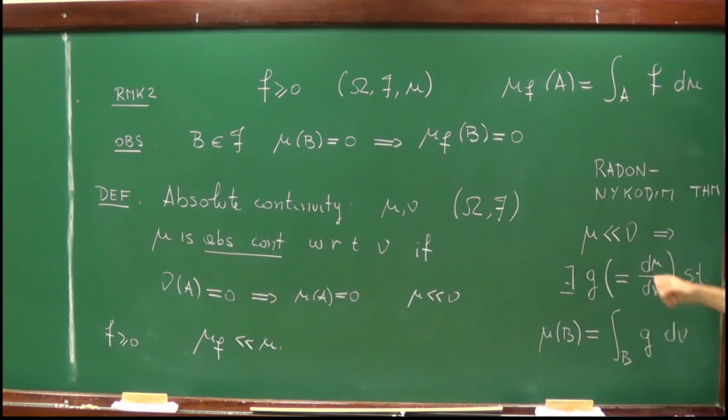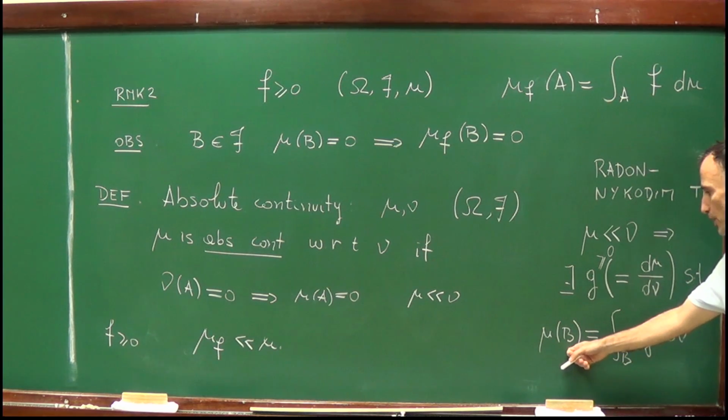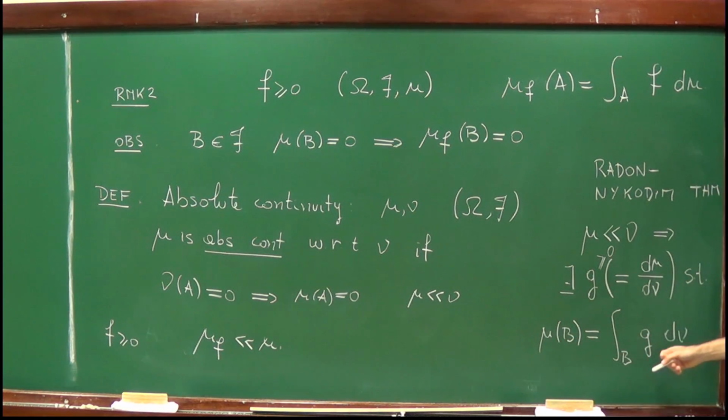So if a measure mu is absolutely continuous with respect to a measure nu, the Radon-Nikodym theorem tells you that there exists a function g which is non-negative, such that the measure of a set B can be represented as the integral of this function g on the set B with respect to nu.